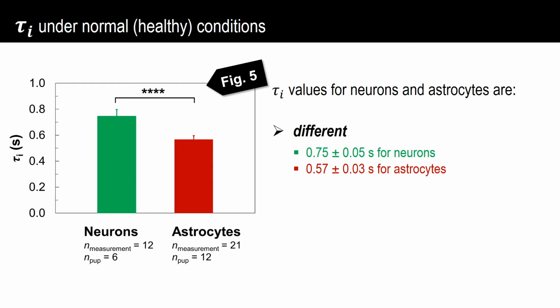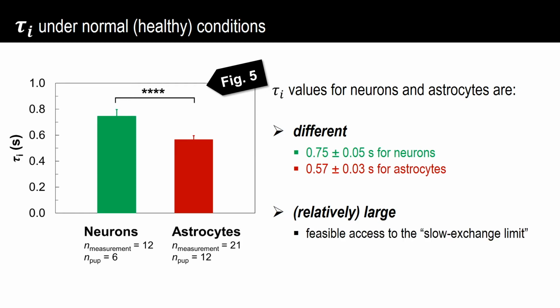And second, the tau I for both neurons and astrocytes are relatively large in the whole range of tau I's measured for different cell types, especially compared to red blood cells, which has a tau I on the order of 10 milliseconds. And this relatively large tau I essentially gives more room for many MR measurements to be engineered into the slow exchange limit or slow exchange regime.